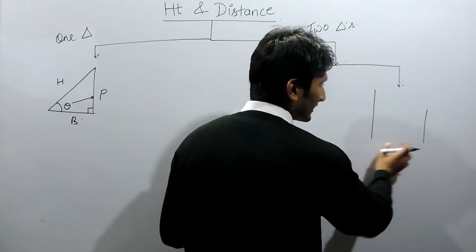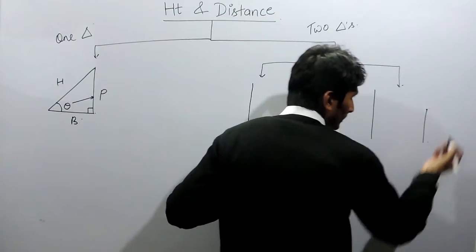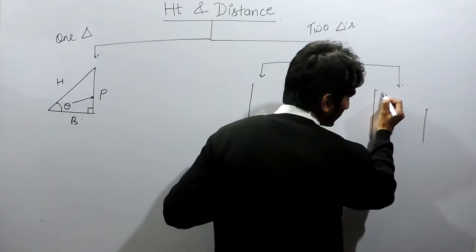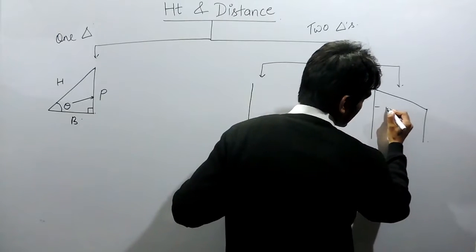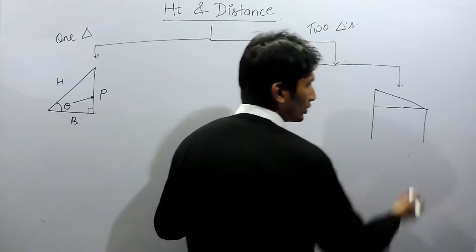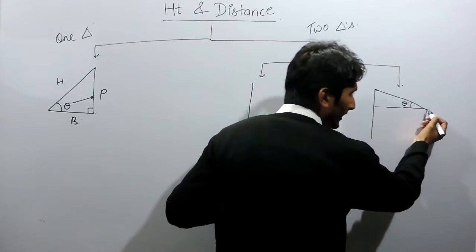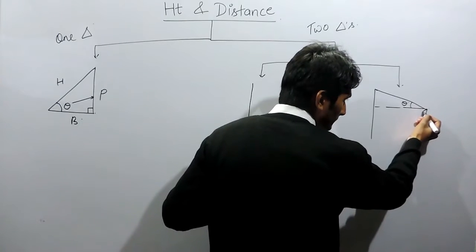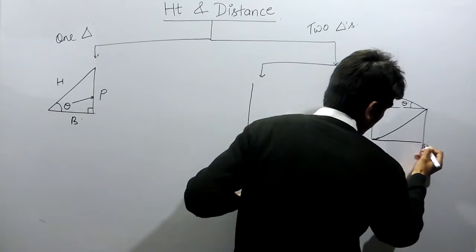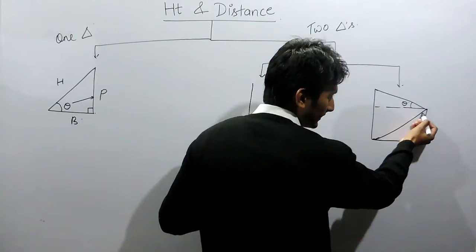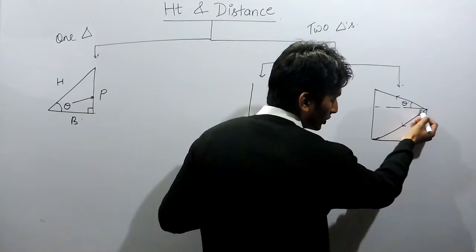When 2 buildings are given to you and it is given that from this building the angle of elevation, meaning this is the line of sight and this is the horizontal line of sight, so this angle is given to you, and from here only the angle of depression, in this case the line of sight is this and the horizontal line is this.